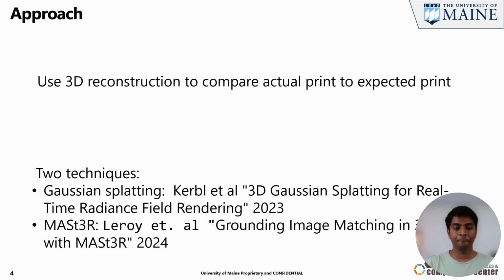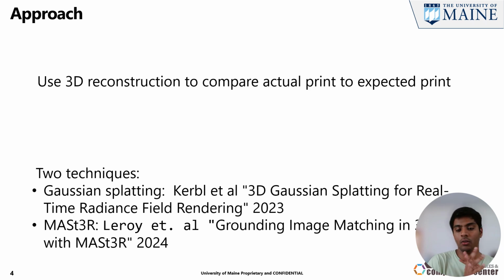So what is our approach? We want to use modern machine learning and modern 3D reconstruction to compare the actual print to the expected print. The expected print we can glean off of a CAD file. So we want a method to compare actual print to the expected print.